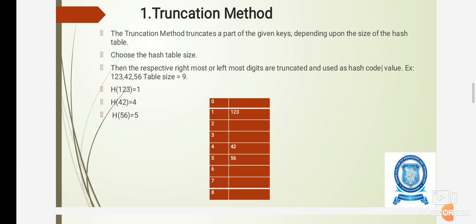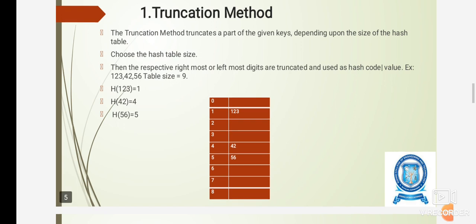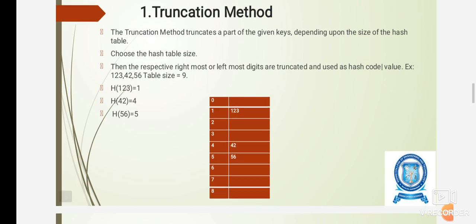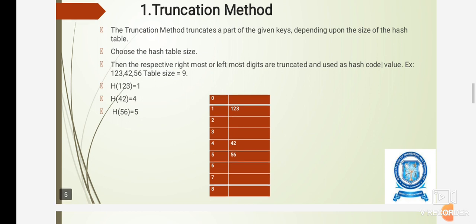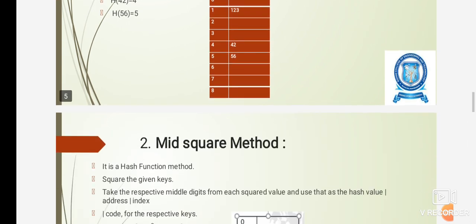The size of the table is 9. Then we can insert the data in a particular array. The h of 123 is equal to 1, so 123 will be placed at array location 1. 42 gives 4, so 42 will be inserted at location 4. 56 gives 5, so it will be placed at the 5th location.